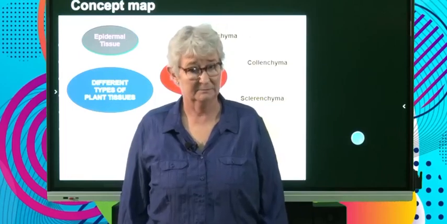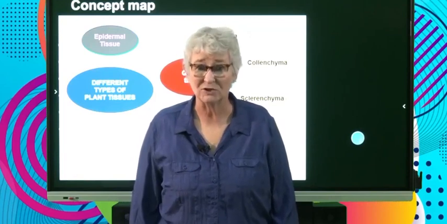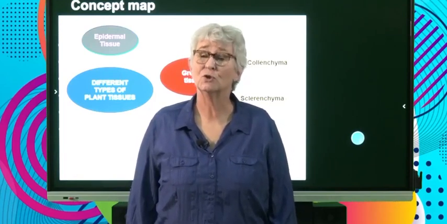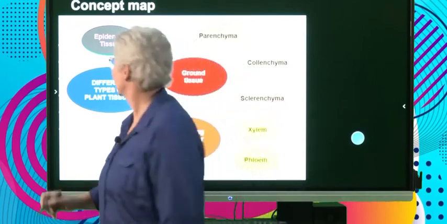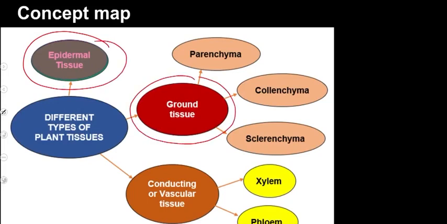Welcome back. We had started looking at the different types of tissues found in plants, and we had covered two of the important sections. For example, we had looked at epidermal tissue, and then we had looked at the ground tissue, the tissue that fills the space.